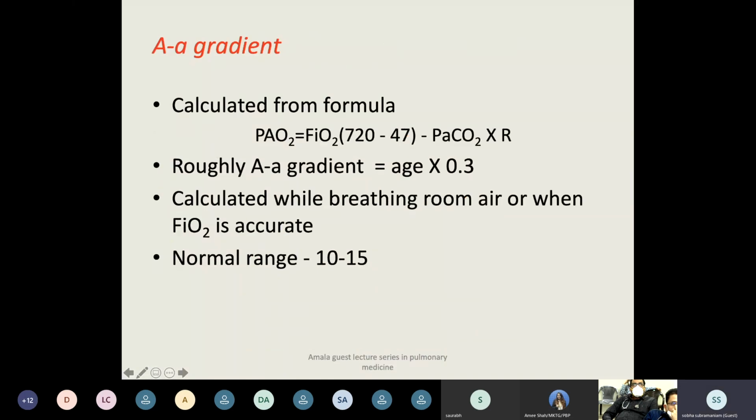Now, what is this AA gradient? I have already described that oxygen is a gas which has got a gradient through which it diffuses from an area of higher concentration to an area of lower concentration across the alveolar capillary membrane, and it is calculated from the formula PAO2, that is alveolar oxygen, is equal to FiO2 into 720, that is the pressure, minus 47, minus PaCO2 into respiratory quotient.